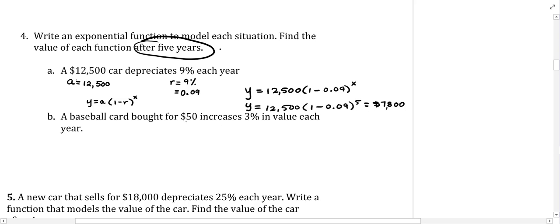All right, $50. So this is the initial value. So we know that A equals 50. The rate equals 3%. And if we turn that into a decimal it is 0.03, right? Twice to the left. And in value each year. And we have to find the value of the function when x equals 5.